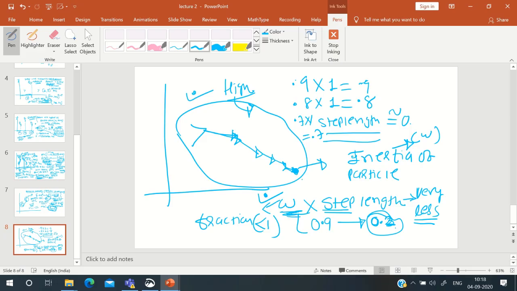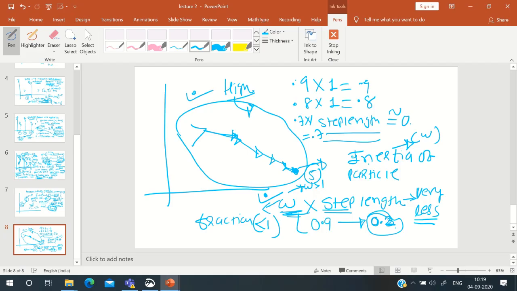See, you cannot take a W higher than 1, because if I take 5, then every iteration the step length will be multiplied by a factor of 5, so step length will increase. We want to gradually decrease the step length. That's why we take omega as a fraction which is less than 1.